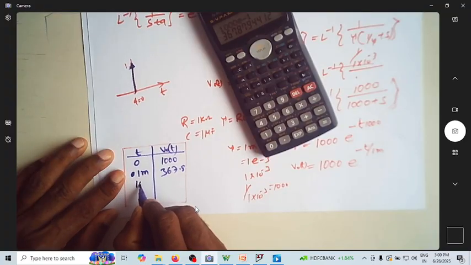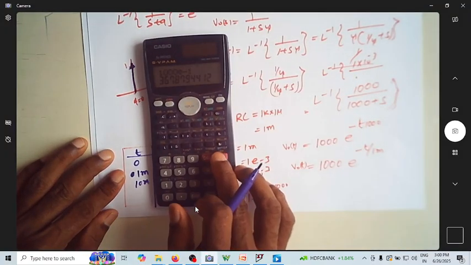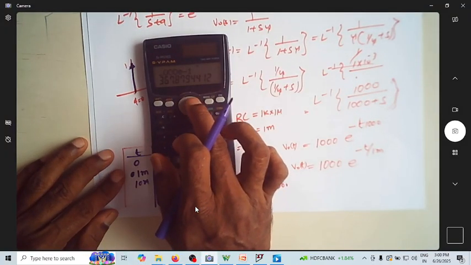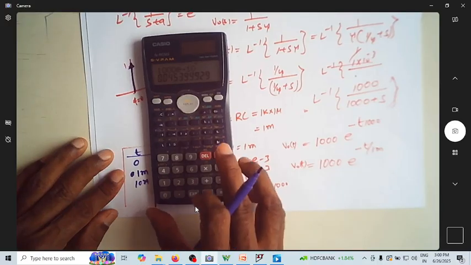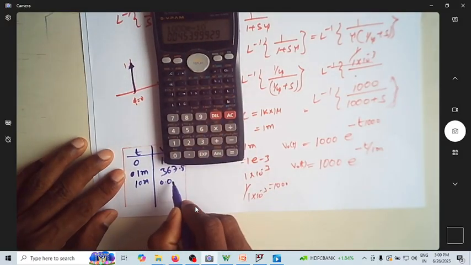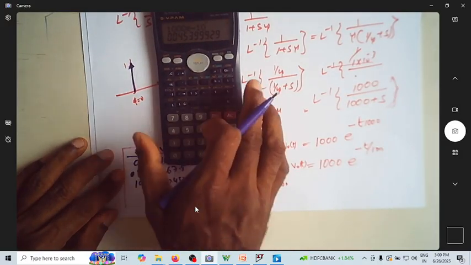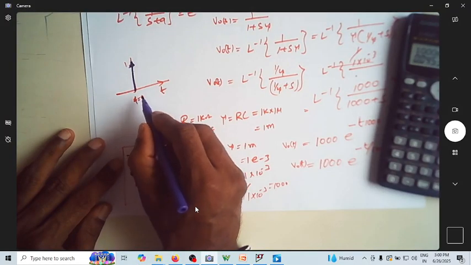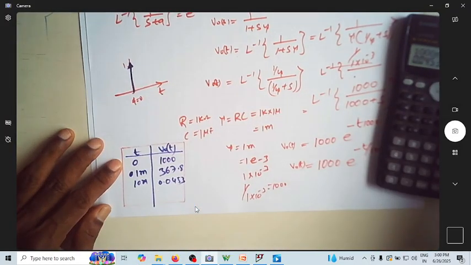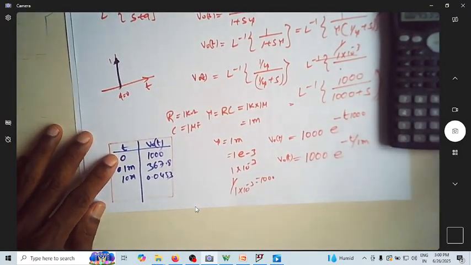So now this will become 367.8. Maybe at 10 milli, now this will become e power minus 10, so I can find out how much this is. It is 0.0453. So as the time elapses, from t equal to 0 it has a magnitude of 1000. Let me write the response of this.